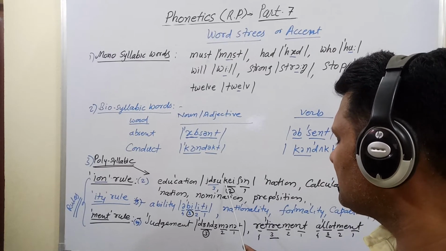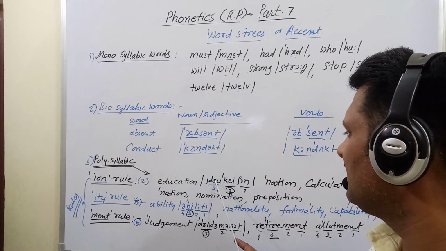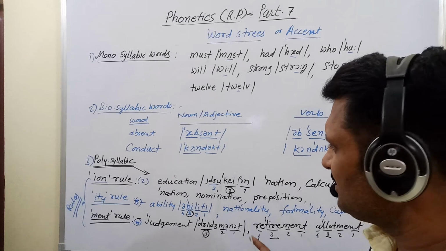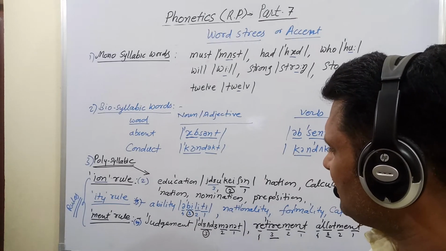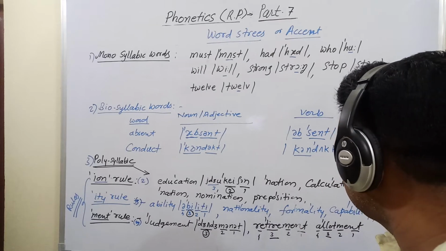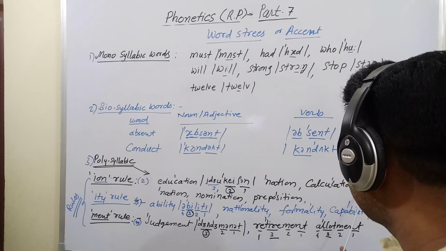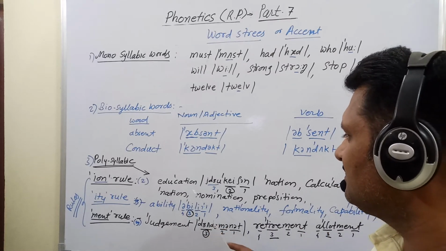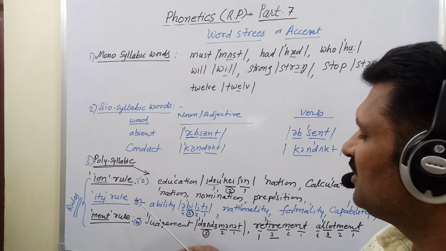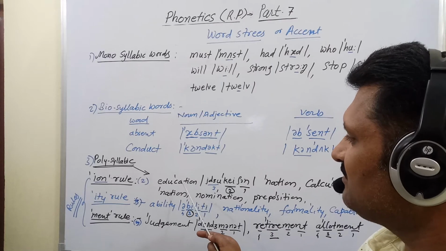So the stress mark goes here on ca. Ju and shun become weak and ca becomes strong. Education, nation, calculation, emotion, nomination, preposition. In this way we produce the sounds of words ending with ION.